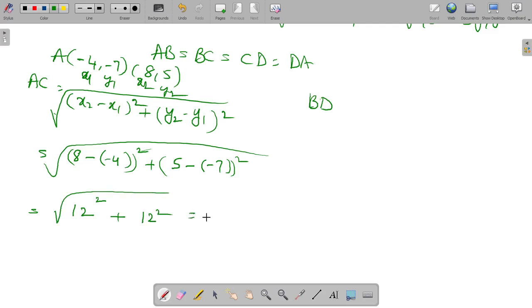So it is the square root of 288. Square root of 288 can be written as 2 into 144, which is 12 root 2.